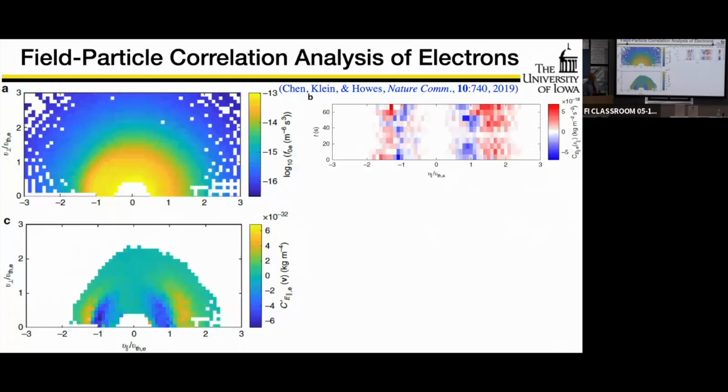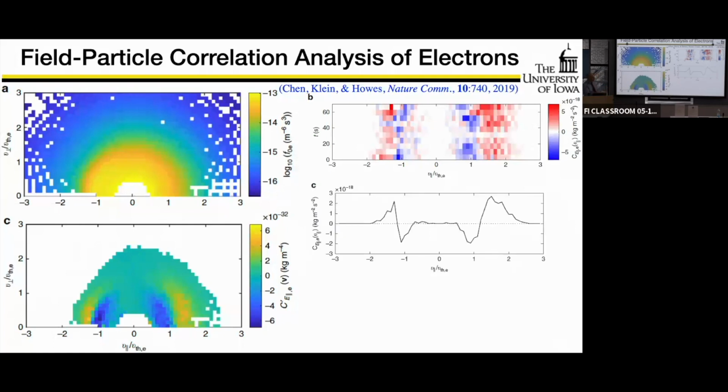And what we can do is break this 70-second interval into 10 7-second intervals and plot the energy transfer associated with this. And in fact, we find that bipolar signature is persistent over this whole 70-second interval. And if we integrate that over time, we get a single reduced parallel field-particle correlation plot.